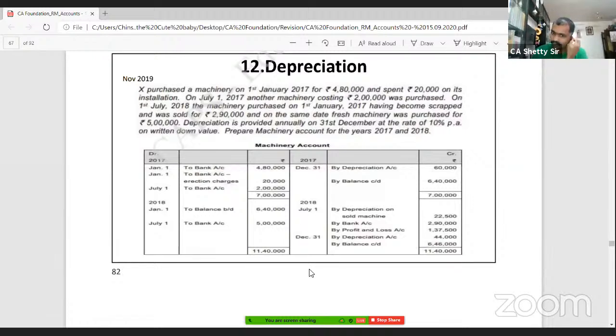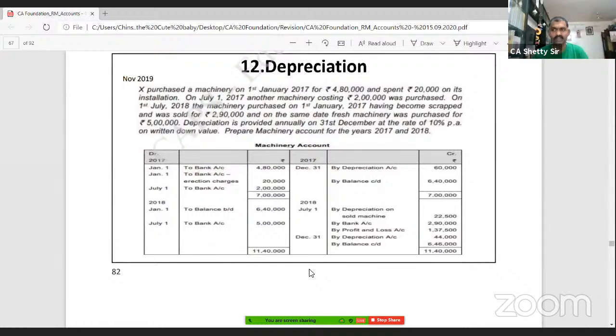Working note, one more working note. Depreciation for other assets on 31st December 2018. Opening WDV 6,40,000. Make it simple.